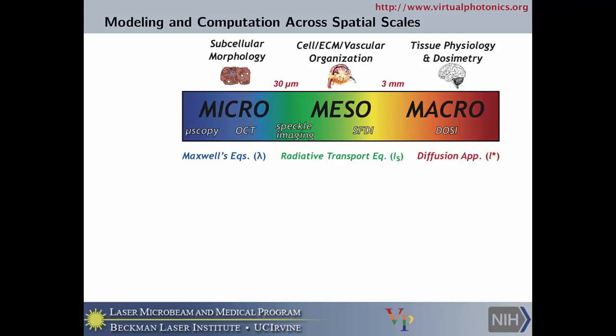Light scattering becomes more and more important. Optical coherence tomography is a technique that does leverage the coherent properties of light in order to render images with resolutions on the micron scale at depths of a few hundred microns.